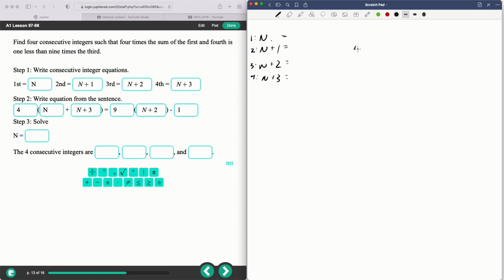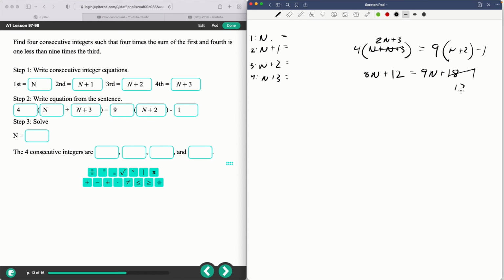So that would be 4 times n plus 3 equals 9 times n plus 2 minus 1. That's going to be 8n plus 12 is equal to 9n plus 18 minus 1.